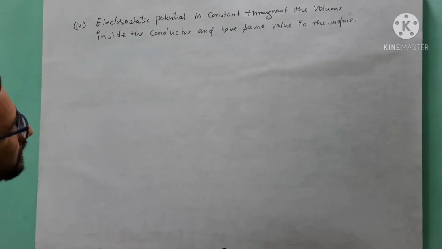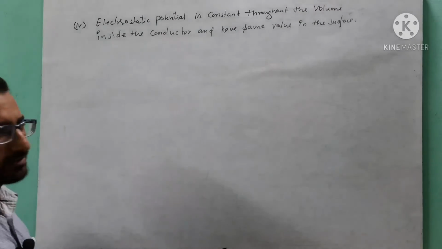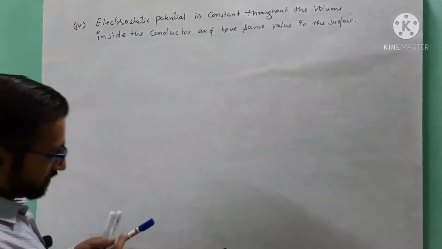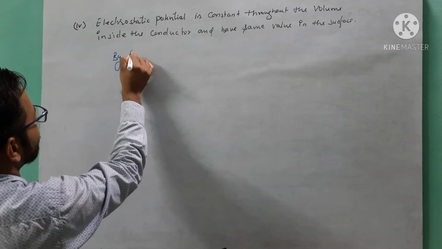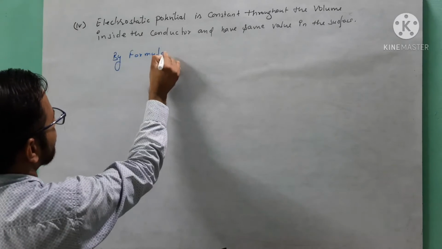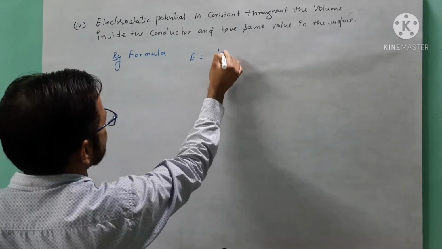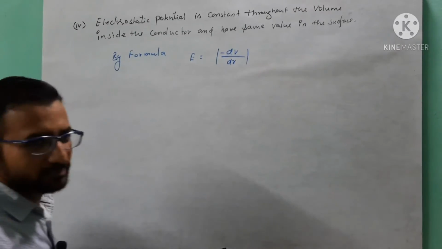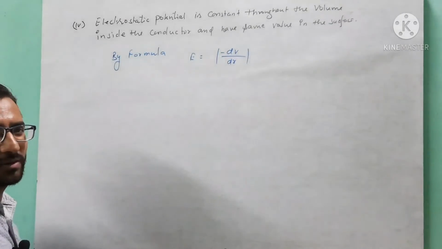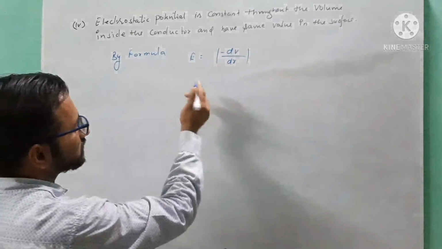Okay. For this we have different methods to prove it, but here I am using the formula E = |dV/dr|, the electric field and potential gradient relationship.